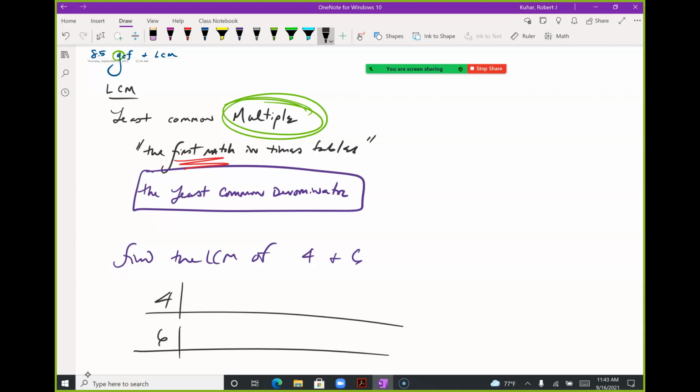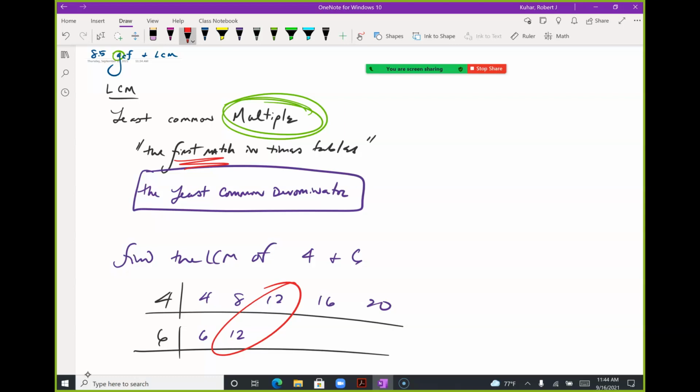For 4 we got 4, 8, 12, 16, 20. I tend to go to 5 and then see what happens. But 6, 12. Okay, I'm done. As soon as I see the first match, I'm finished. LCM, I have it: the smallest number in both sets of times tables.